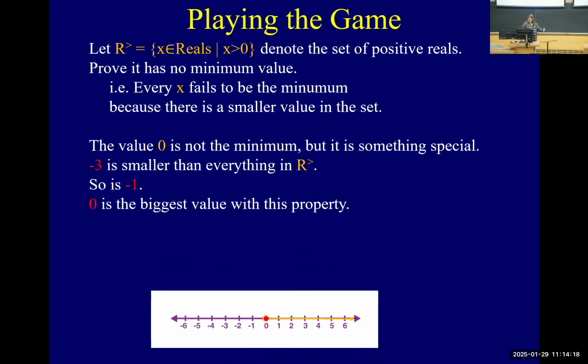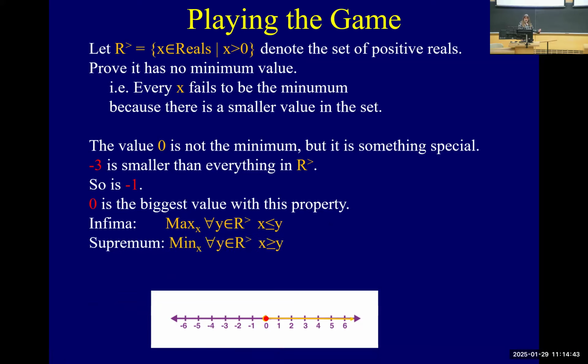It's the biggest number that's smaller than everybody, right? So it's called the infimum. In fact, I had to look this up. I knew the word supremum, but I didn't know the word infimum. Right? It's the biggest x such that everybody in the set is bigger than it. Which is 0. Right?